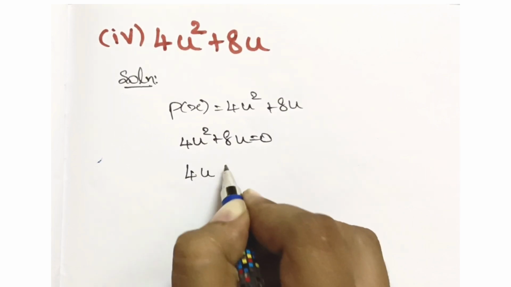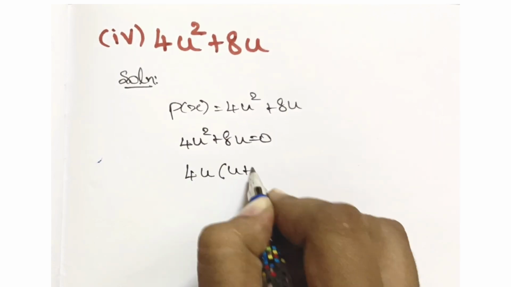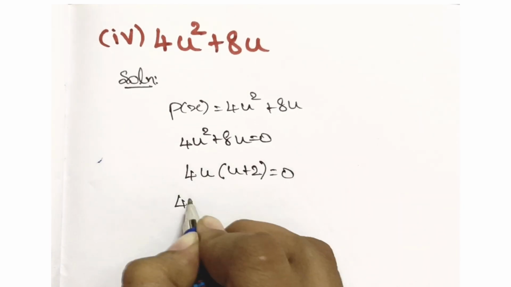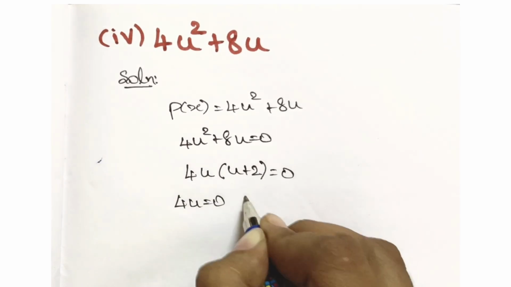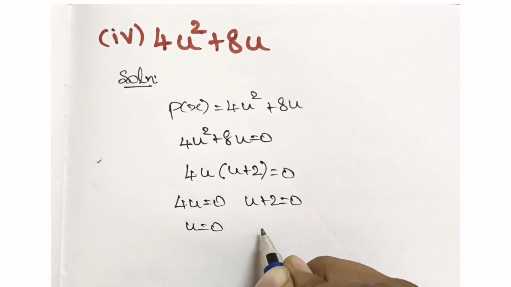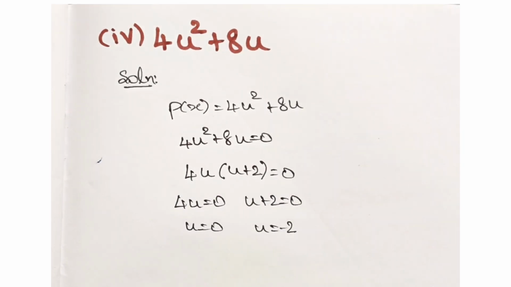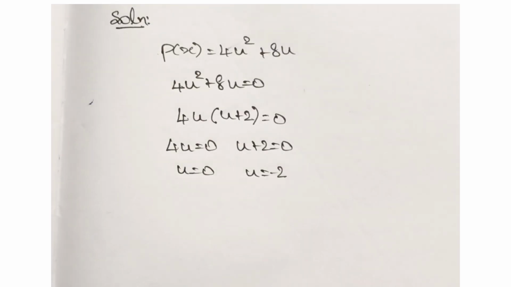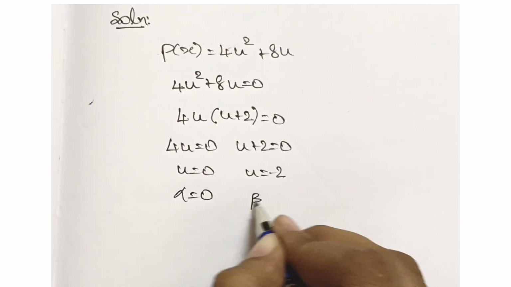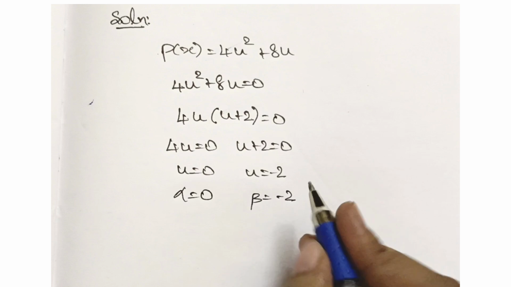Take 4u common and u plus 2 equal to 0. So 4u equal to 0 and u plus 2 equal to 0. u equal to 0, u equal to minus 2.